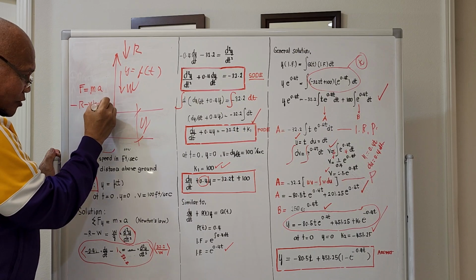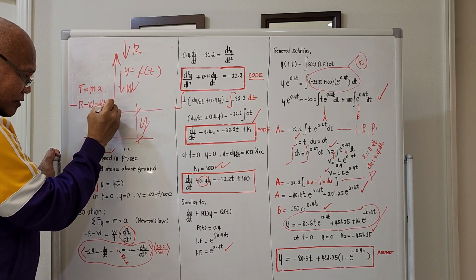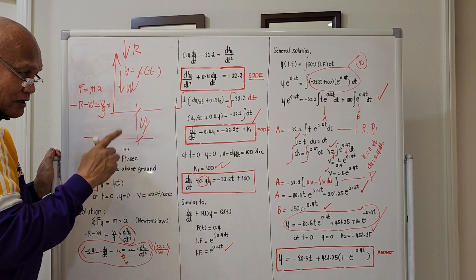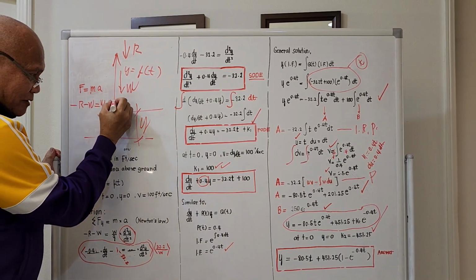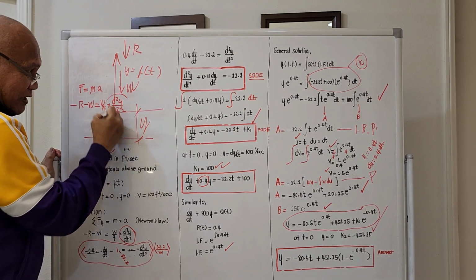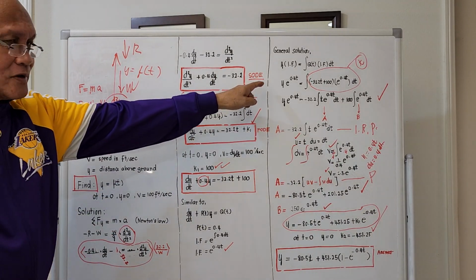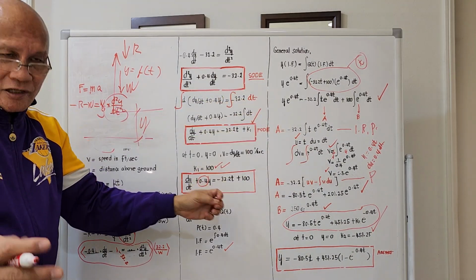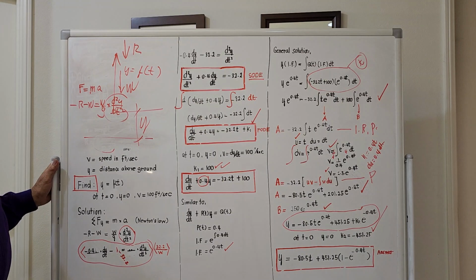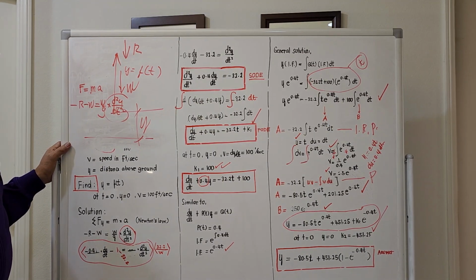But mass is actually weight over gravitational acceleration times acceleration. The variable distance at any moment in time is y, so this should be times d square y over dt square. So what comes out is actually a second order differential equation. That is one example of a problem in the application of the so-called second order differential equation.